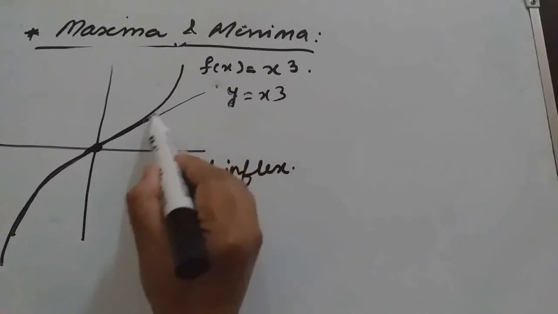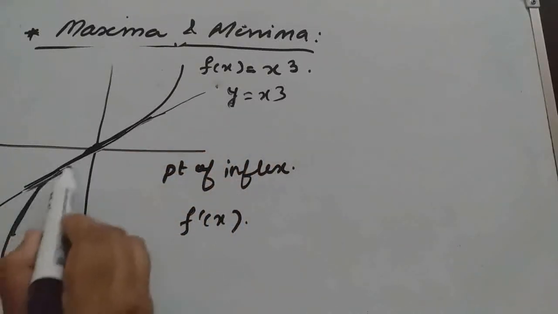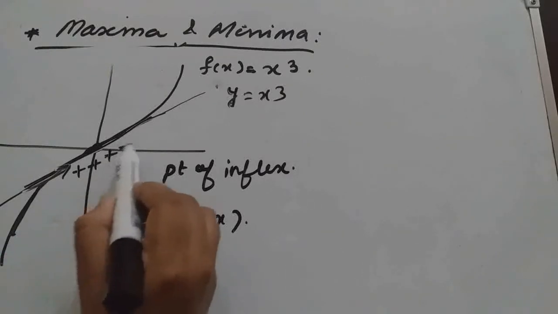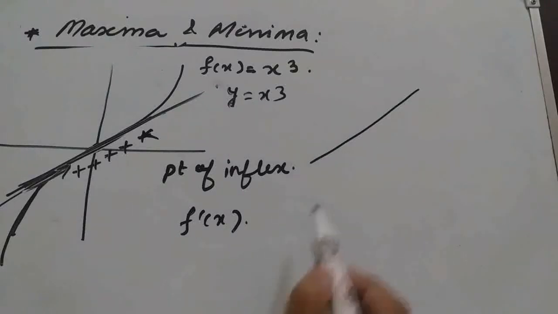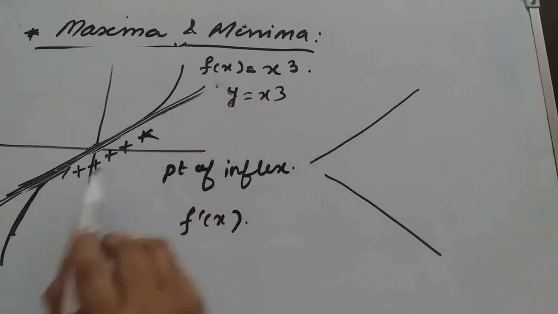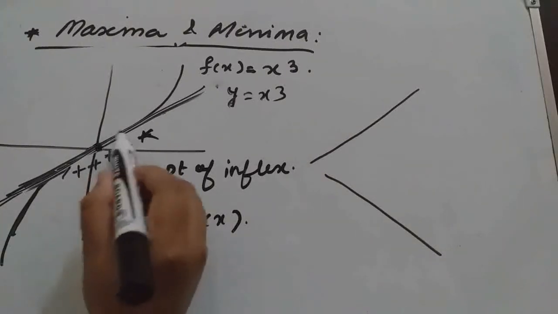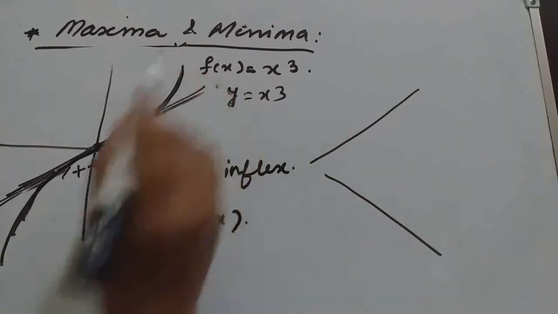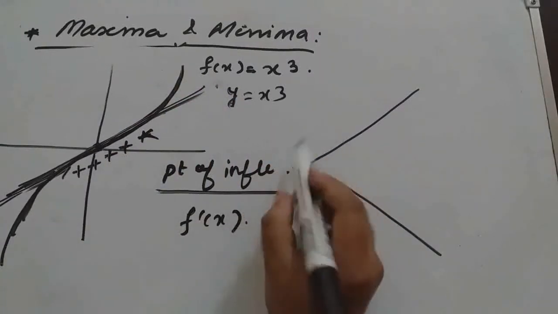If you draw the slope of tangent, f dash of x is positive only. If you draw the tangent, it will have positive sign only. So there is no point at which the function derivative is changing its sign, but turning is there. See here, turning is there. So where turning has occurred, that point is called point of inflection.